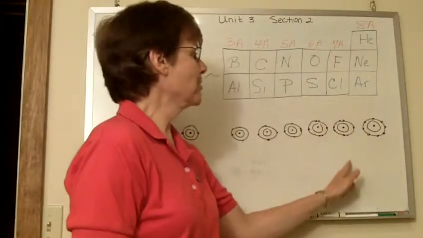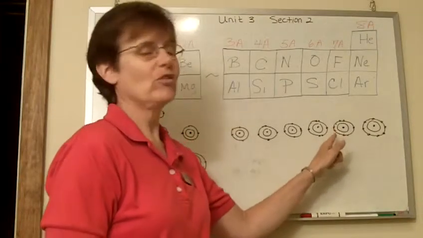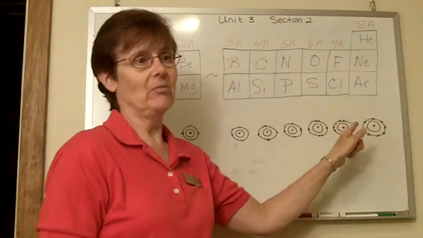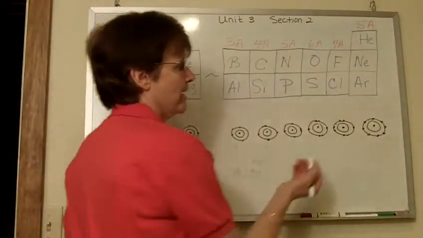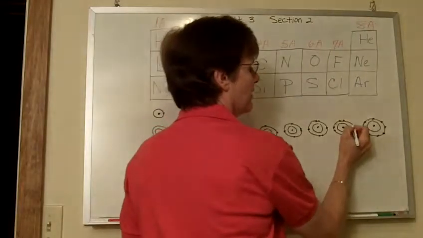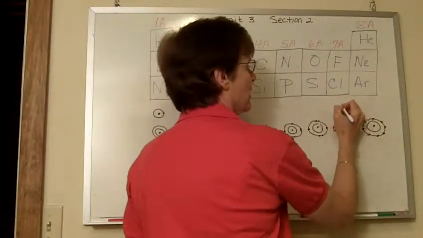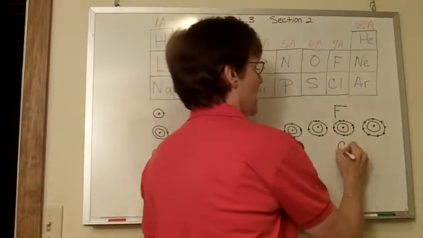So let's just back up to this one because we're close here. We have 7 electrons in the outermost energy level, and it only needs 1 to become the same as a noble gas. So these will always, in order to form an ion, they will always gain an electron, which would make it F minus or Cl minus.